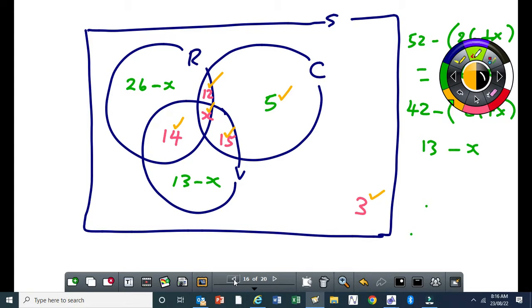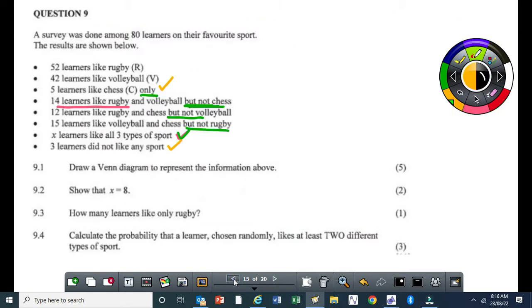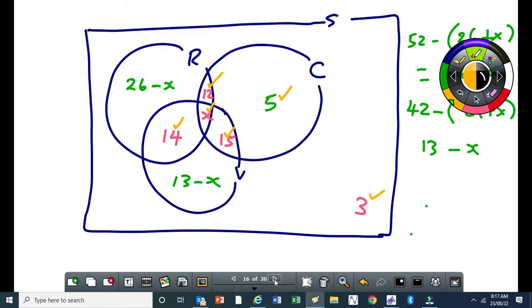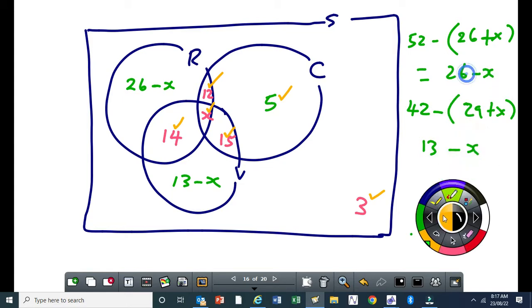Now to determine them, we go to the total of all the learners who like rugby. It's 52. So we need to subtract those who play rugby and chess, those who play all 3, and those who play rugby and volleyball. So it will be 52 minus 14 minus 12 minus x, which is what I wrote here.